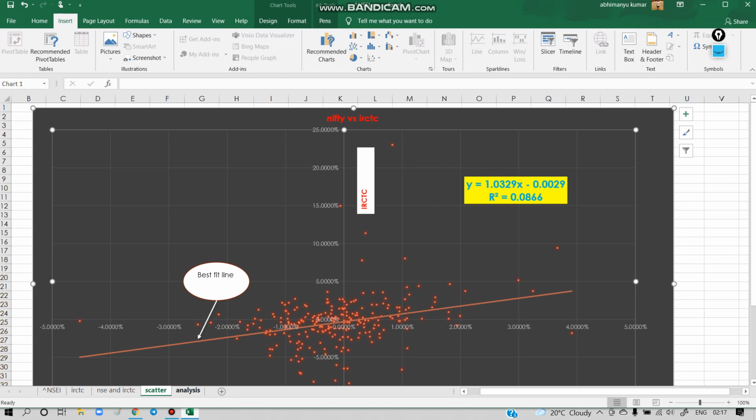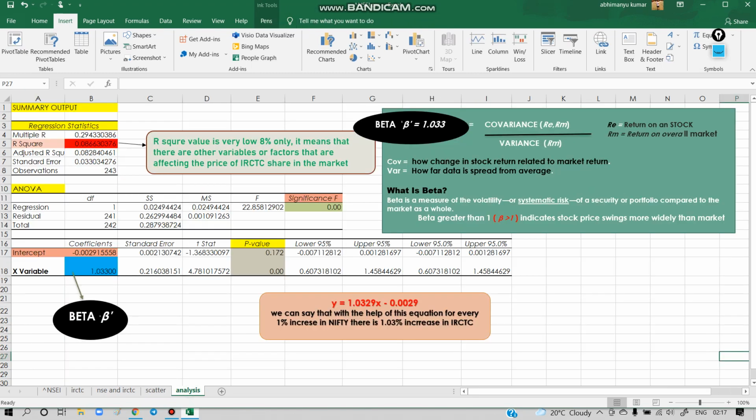Okay, so let's do the regression analysis. In the regression analysis you can find my R square value is 0.0866, that is R square is very low, only 8%. It means that only 8% of the variability in the dependent variable, that is my IRCTC stock, is being explained by the independent variable, that is my NSE data.